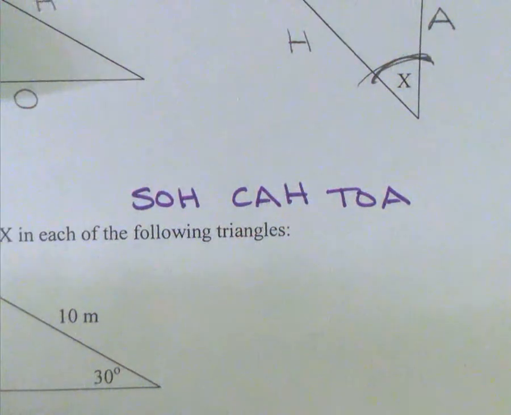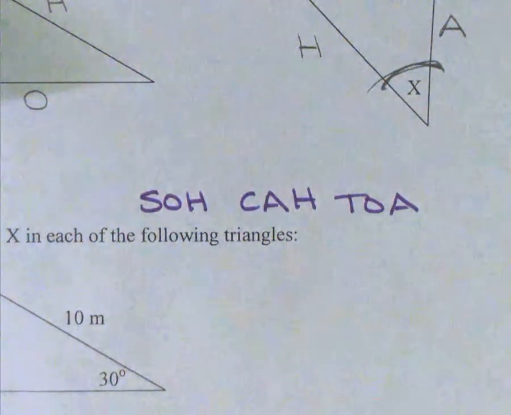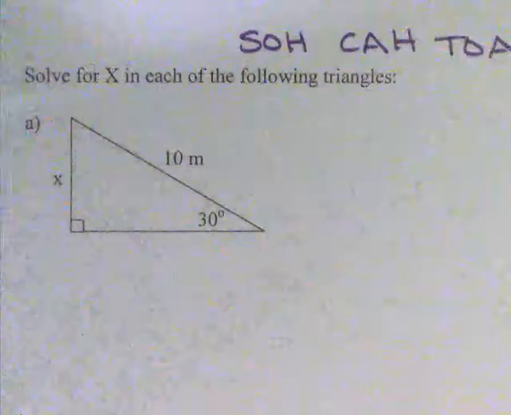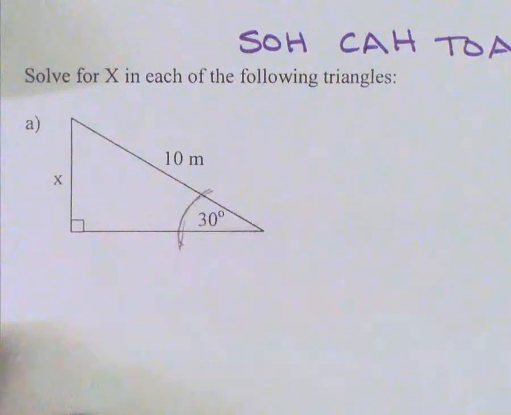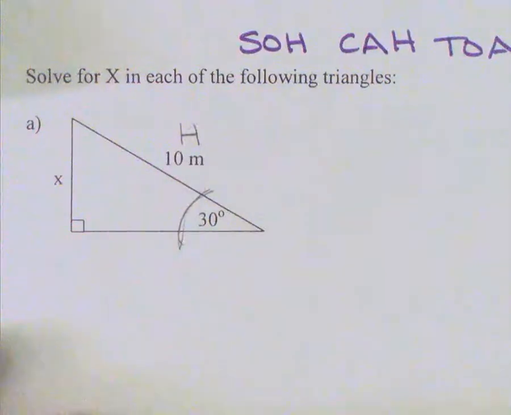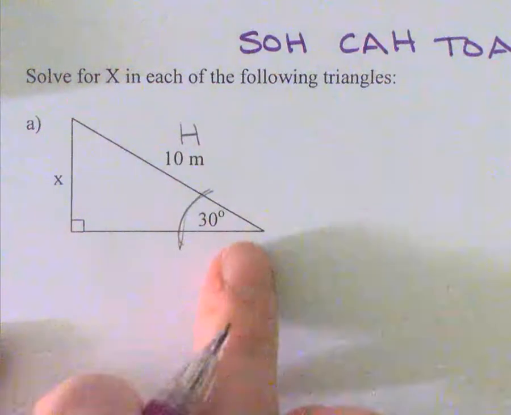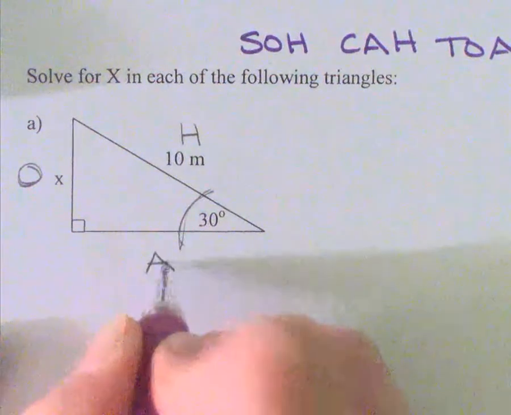So let's figure out how this works. First thing we're going to do is we're going to label our triangle. So there's the angle they gave me. This is the longest side, which is the hypotenuse. This is the opposite of the angle, and this is the adjacent.